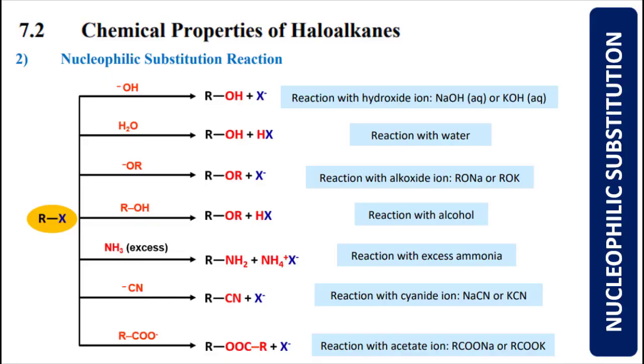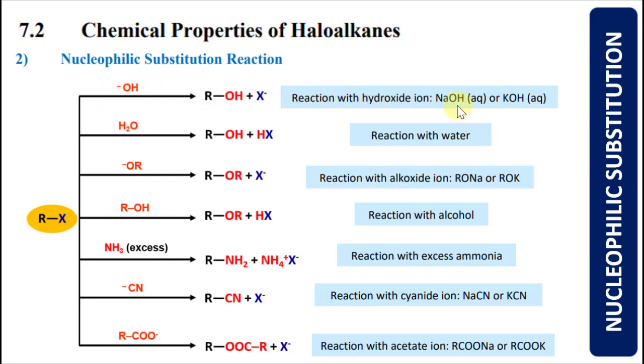The most important reactions for haloalkanes are nucleophilic substitution reactions in which the halogen atom is substituted by a nucleophile. We will have a look at the reaction of haloalkanes with several different types of nucleophile. The first one here is the hydroxide ion.